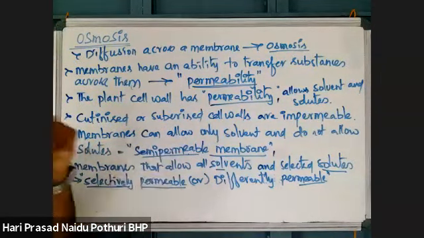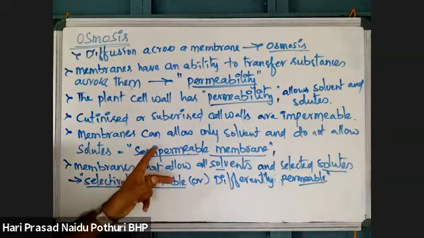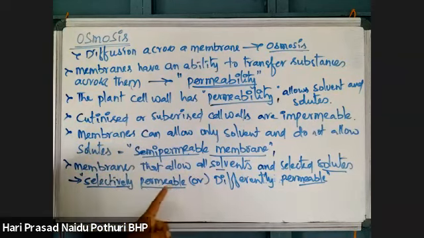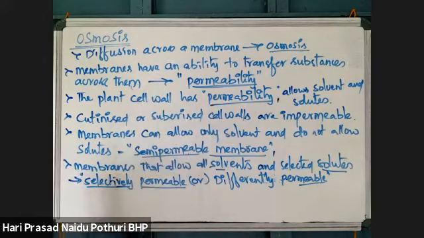So these are different types of membranes: differently or selectively permeable membrane, semi-permeable membrane and impermeable membrane. Impermeable means there is no movement of water.